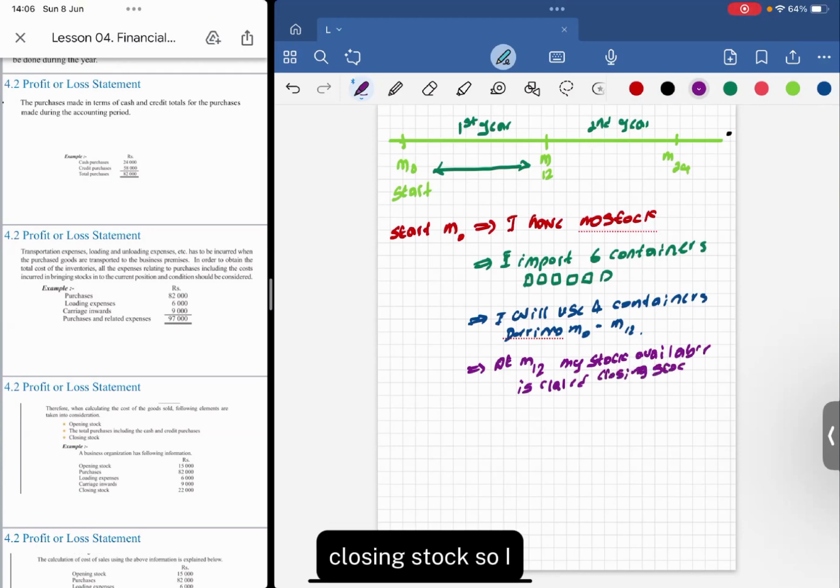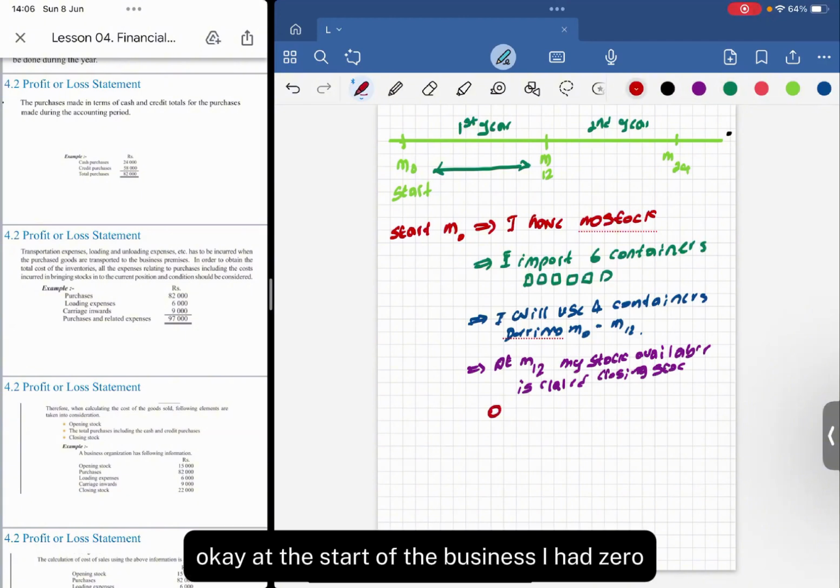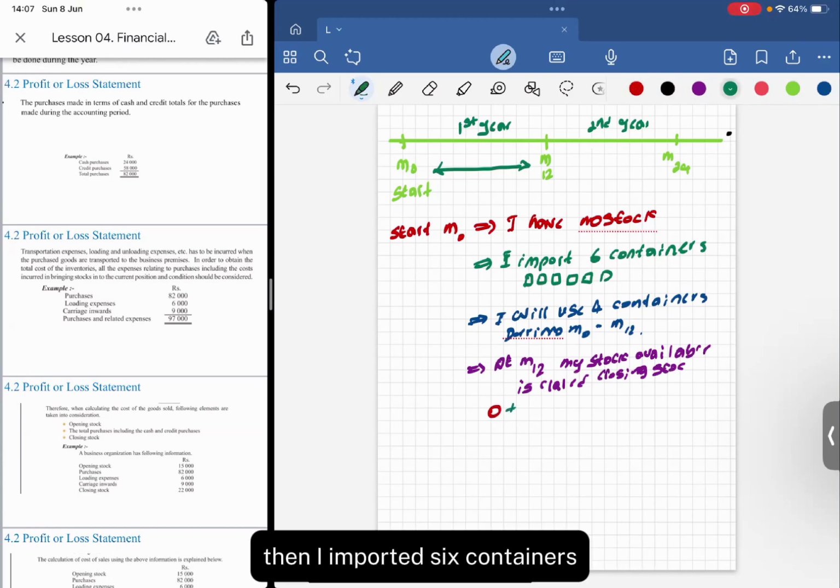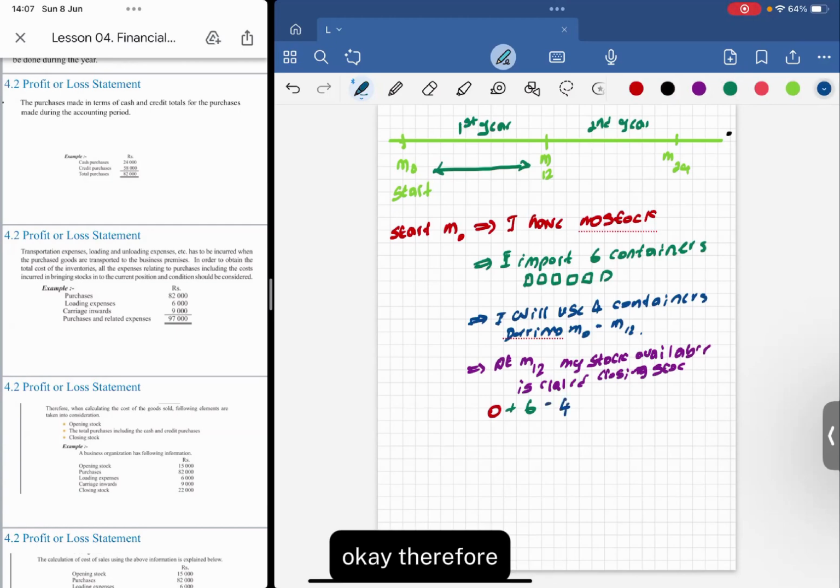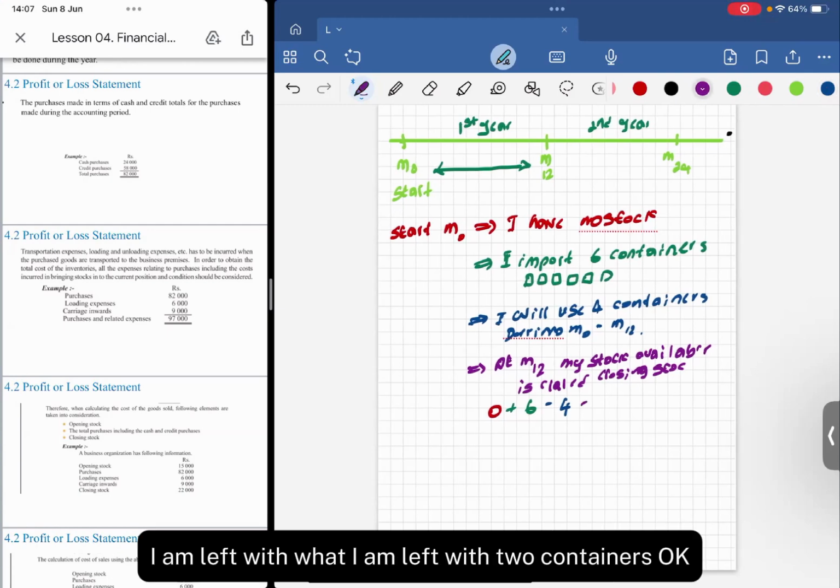So at the start of the business I had 0. Then I imported 6 containers, and out of that I used 4. Therefore at the end of the period I am left with 2 containers.